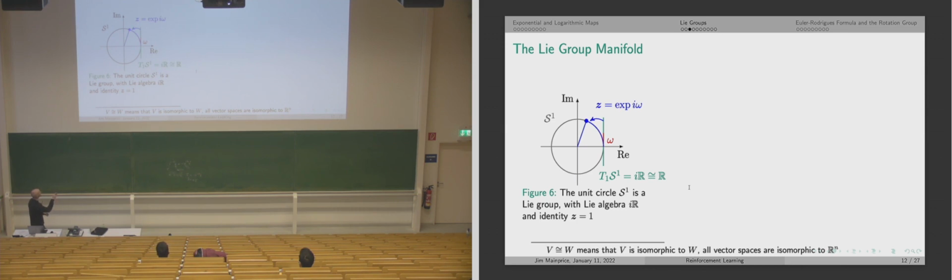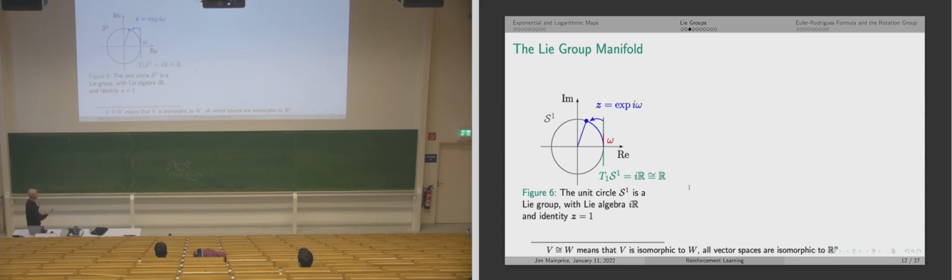So this is the tangent space at the origin. It's isomorphic to the real line. Isomorphic for vector spaces generally means that if V is isomorphic to W, that symbol just means that V is isomorphic to W.